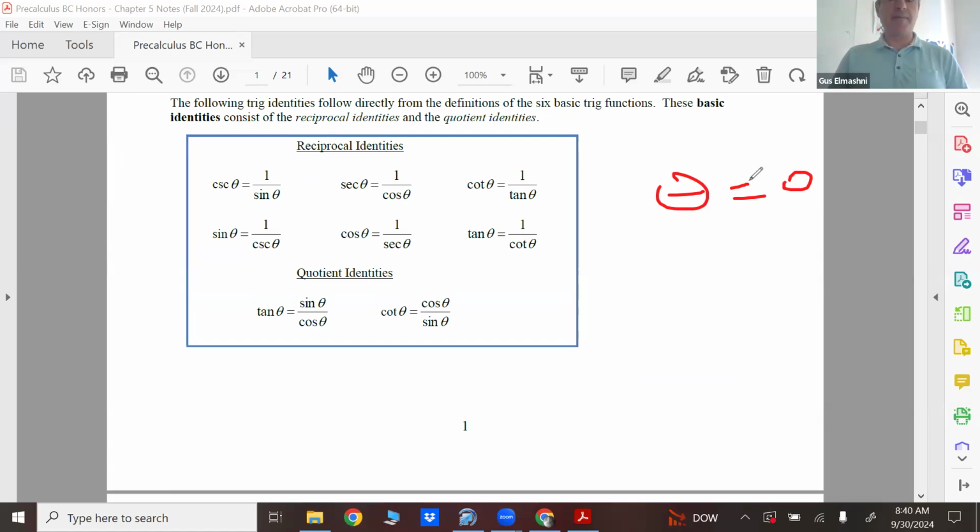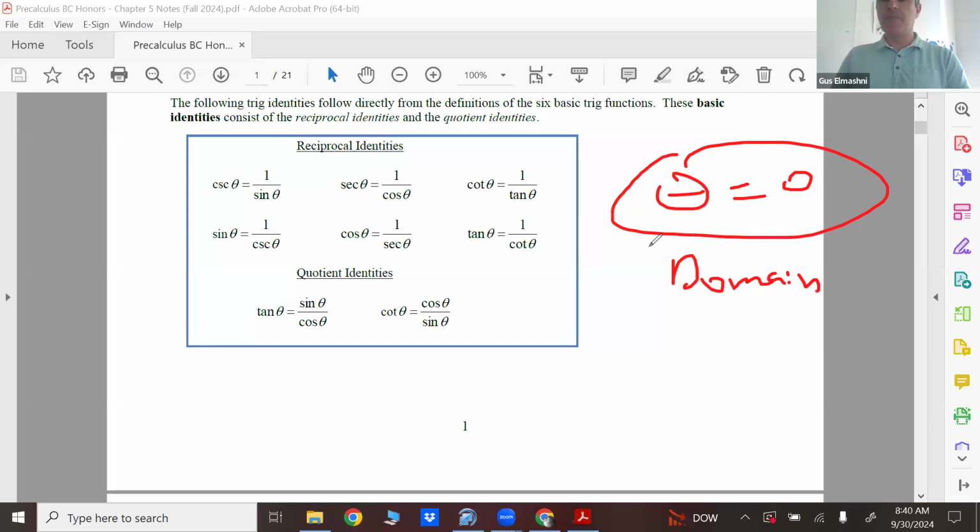Some of these will be bad. Which one of these would be bad? Or actually, which ones would work? Let's put it that way. Which ones would be valid for this to be my domain? Yes. What else? There's 2 more. Yep. And what else? Yep. All 3 of those.